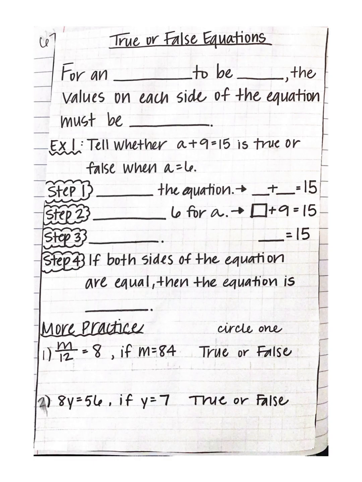Okay, look at the last page. True or false equations. This specifically is something you have to be able to do as a 5th grade student. So when we get to determining whether an equation is true or false, let me zoom in.